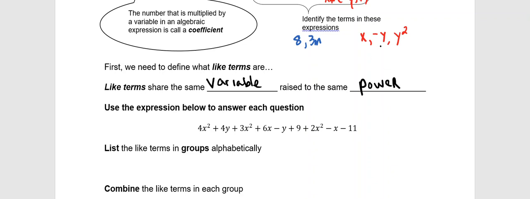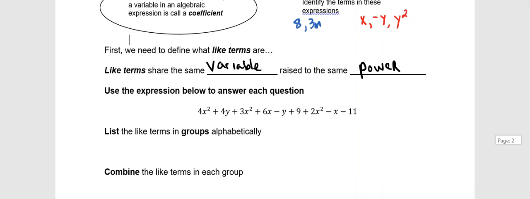So if I go back up to this last example, you notice these two terms both have y. That seems to begin to fit the criteria for what a like term is, but they aren't to the same power. The negative y is y to the first, and when we compare that to y to the second, they are not the same variable to the same power. So those are not, I repeat, those are not like terms.